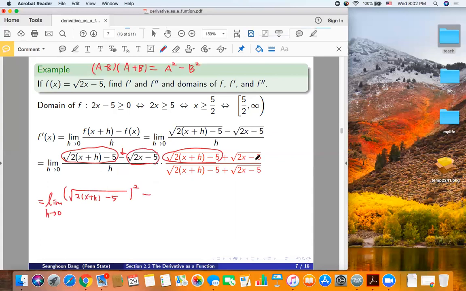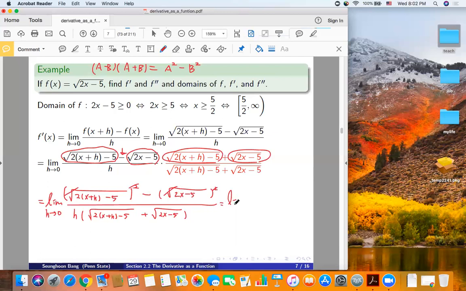Root 2x minus 5 is b. So b squared is root 2x minus 5 squared, over, don't distribute the bottom one, keep root 2 times x plus h minus 5 plus root 2x minus 5. You can keep the square root, and the square is gone.